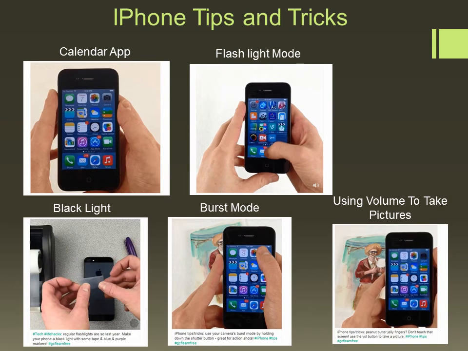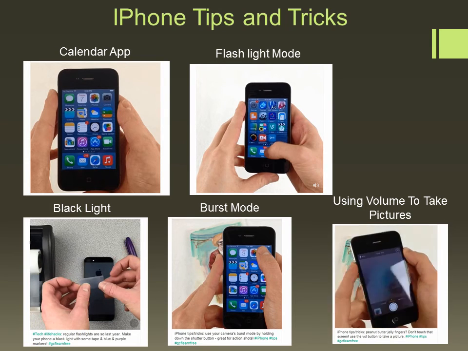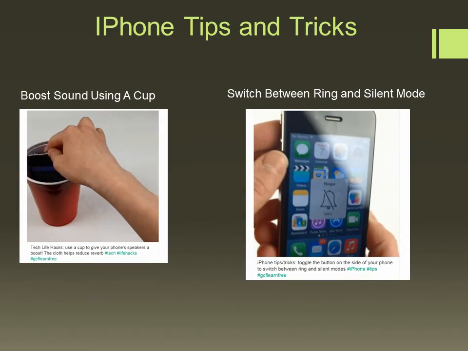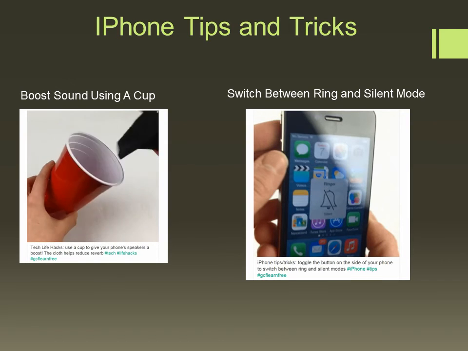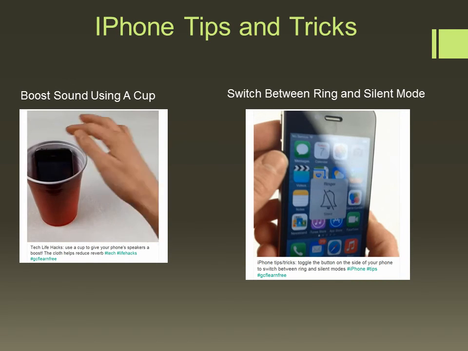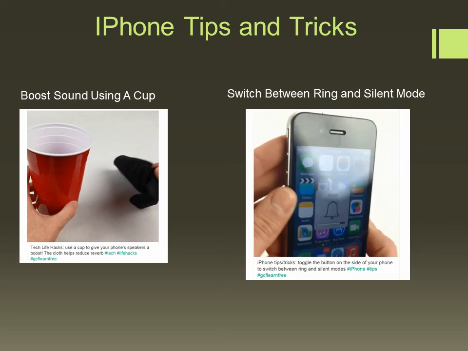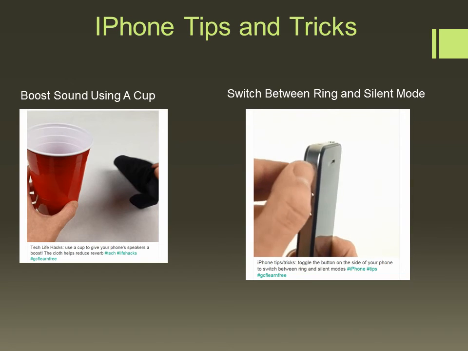Did you know you can take a picture using volume buttons? Press up or down to take a photo. Toggle the button on the side of your phone to switch between ring and silent mode.